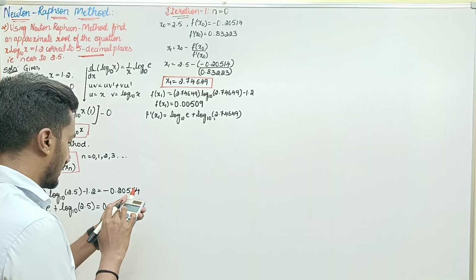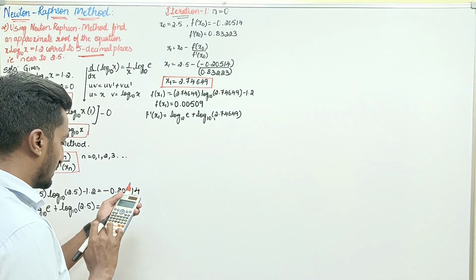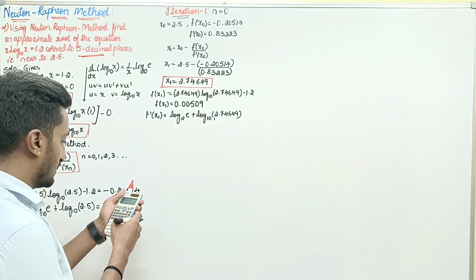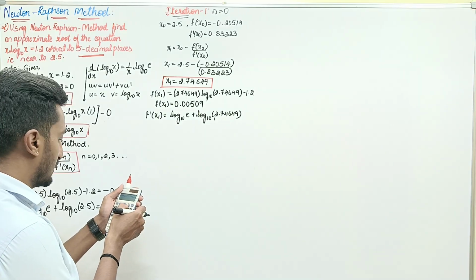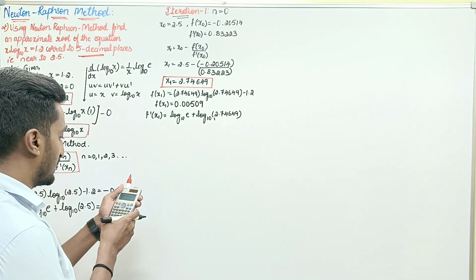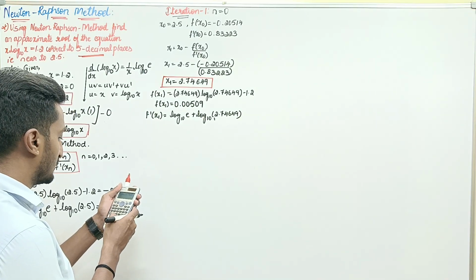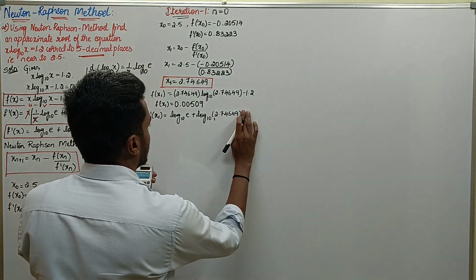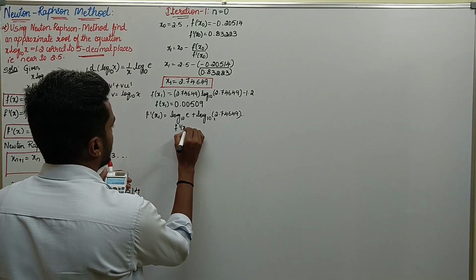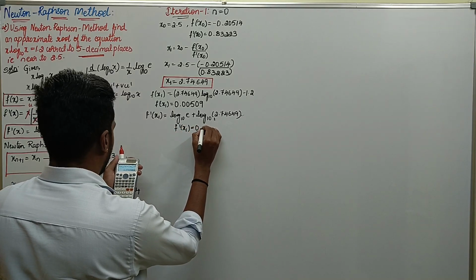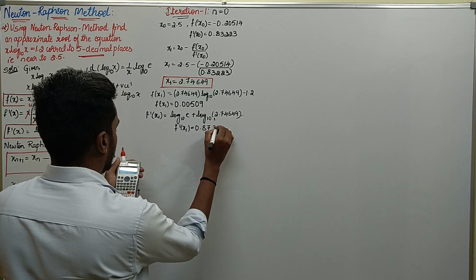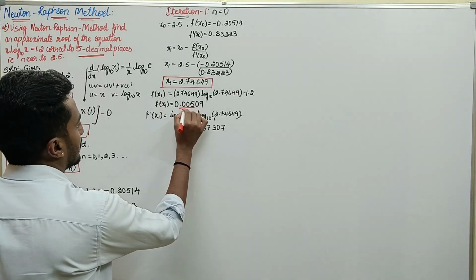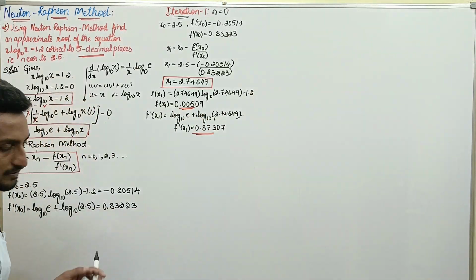Now again, log base 10 e plus log base 10 of 2.74649. Let us represent below itself f dash of x1, which is equal to 0.87307. This will be your f of x1 and this will be your f dash of x1.